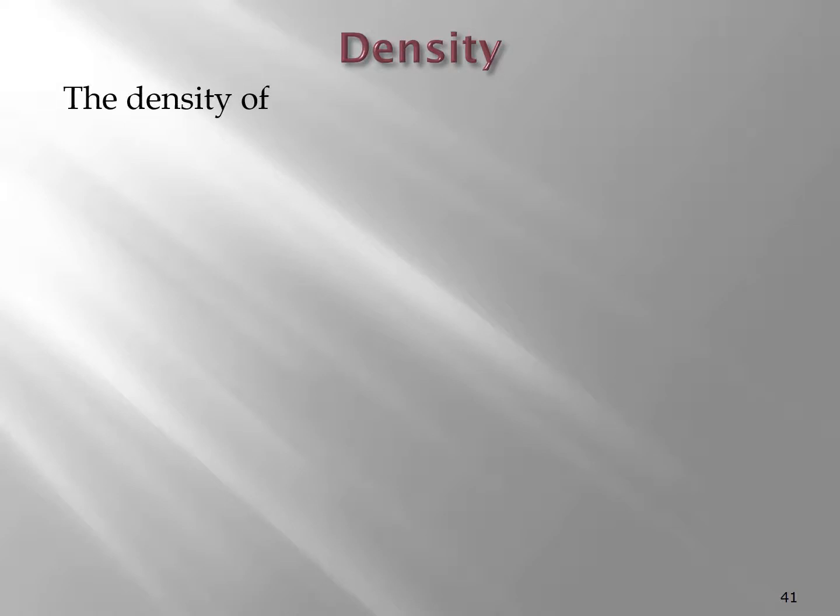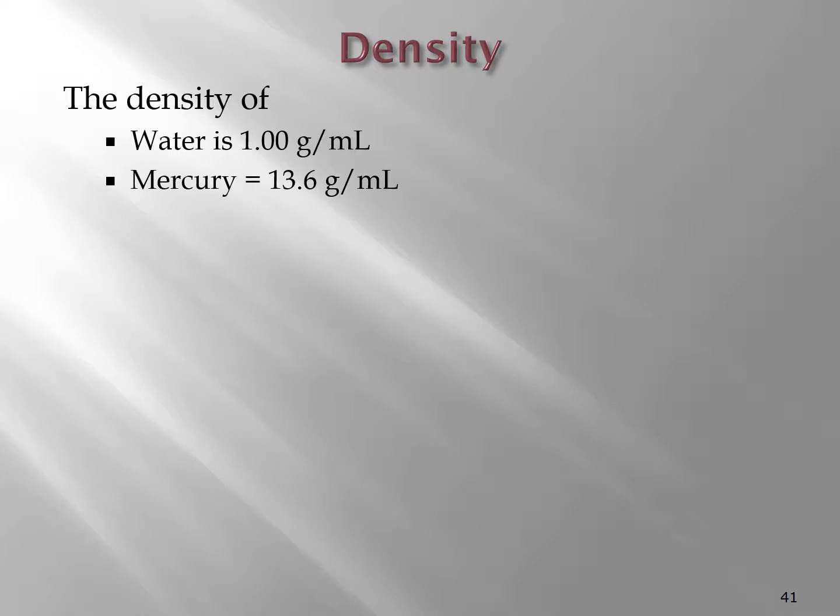Just for some comparison, the density of water is 1 gram per milliliter, 1.00, actually, for water at room temperature. So density is kind of all compared to water. Mercury, there are 13.6 grams in 1 milliliter.